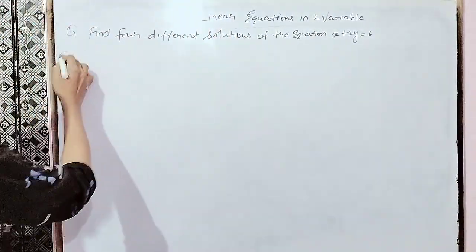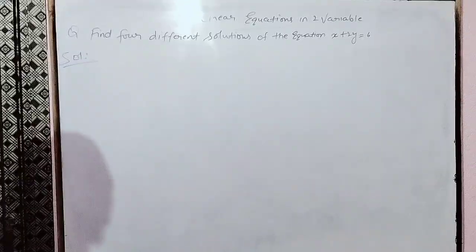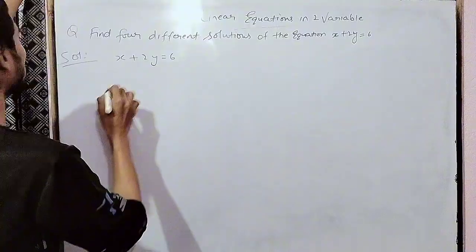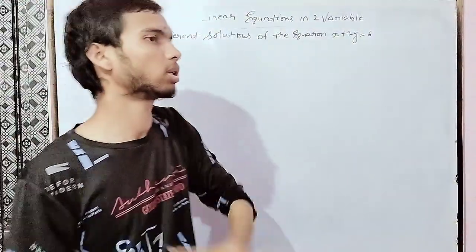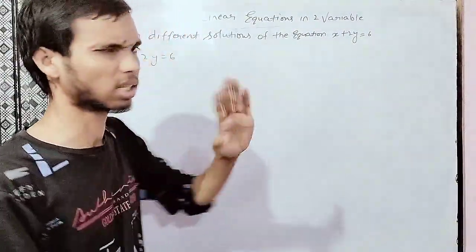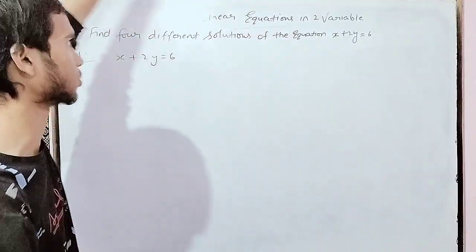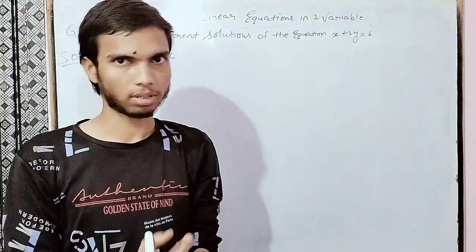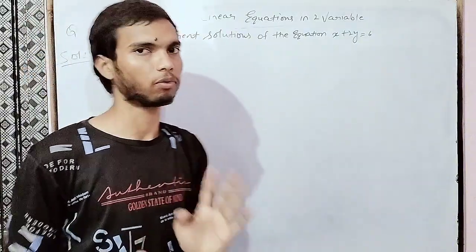Now it is very easy, I am telling you. First you write whatever is given, x plus 2y. We could start from 0 and go till infinity, but the question is saying just 4 different solutions. So let's write one variable on one side, only one variable.